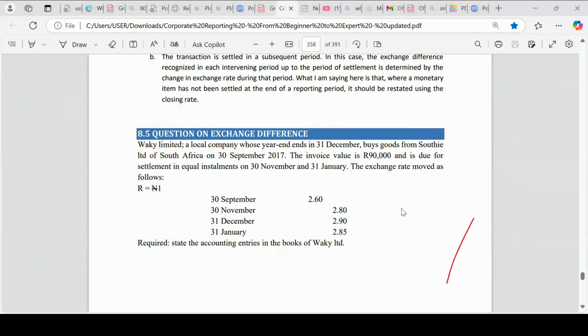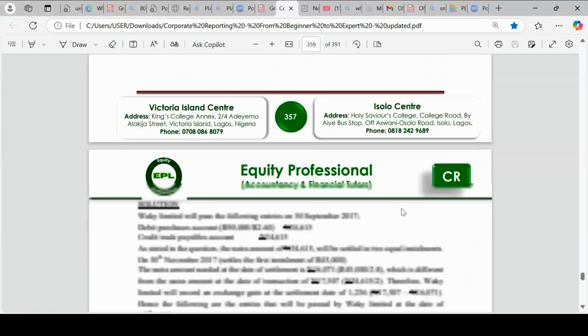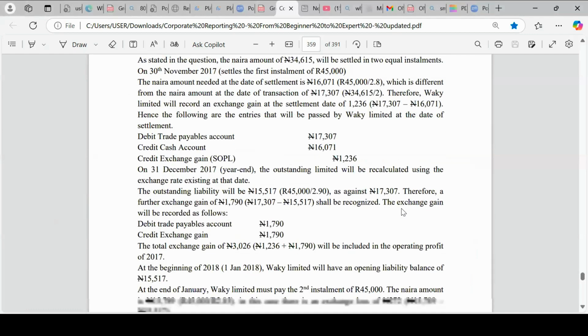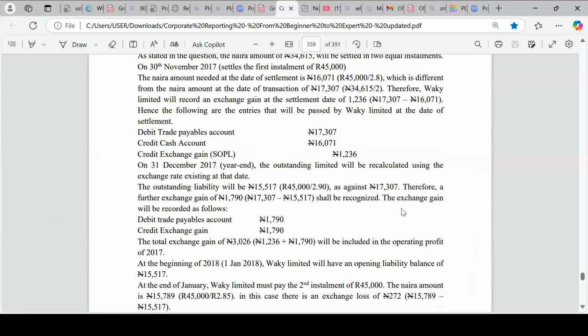I think the solution is here. Let's just look at the solution. I think my calculation is beginning to go rough. Okay, all of that is explained here. As at 31st December, you see they came down to that same value.